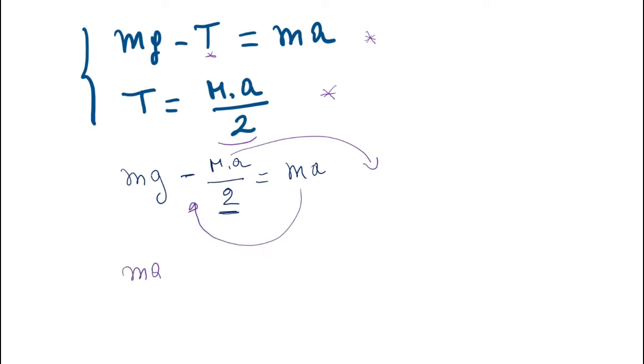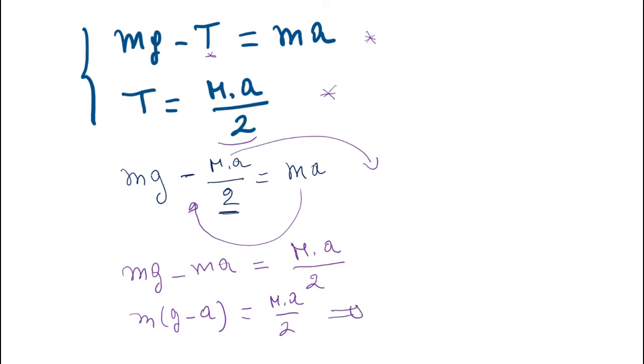So we have mg minus ma equals the mass of the pulley times acceleration divided by 2. M times (gravity minus acceleration of the block) equals m times a over 2. If I multiply each side by 2 and divide by acceleration, we have 2 divided by a times the mass times (gravity minus a) equals the mass of the pulley.